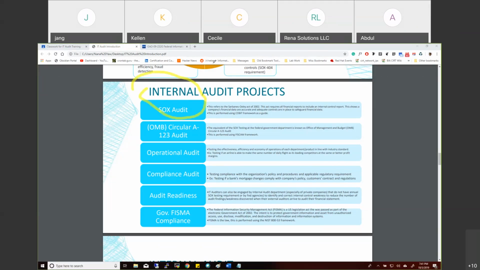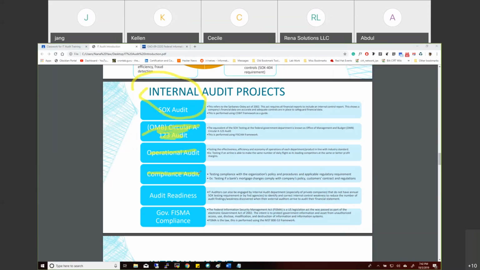It depends on what you want to do. Some people want to do external projects. Some people want to do internal projects. Internal projects, you know that there's SOX, there's government audits. Okay, so there's this one, there's OMB, right? And then there's operational audit, right?